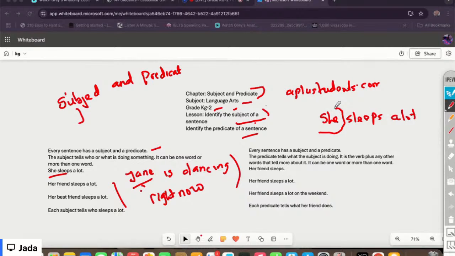So now, when it comes to the subject, it could be a pronoun, it could be a noun also. So it could be she sleeps a lot, or it could be Jane sleeps a lot. So you see, it is just telling us who is doing something in the sentence. So you could have a name, or you just have a pronoun. It's still okay.